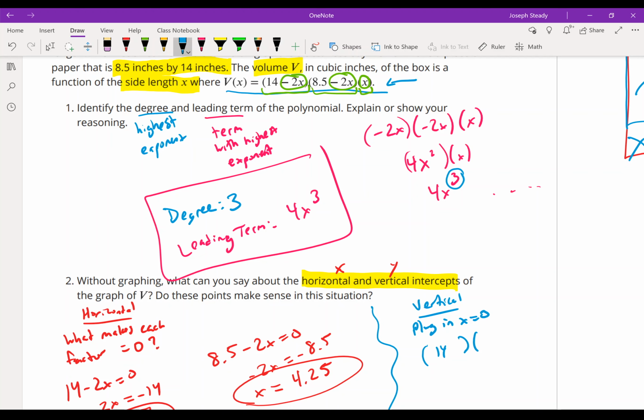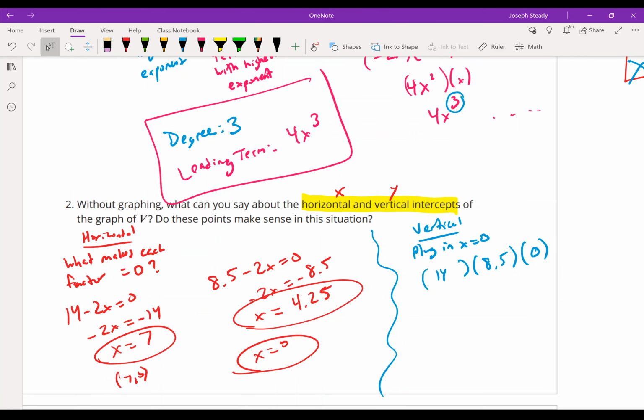That next parentheses, 8.5 minus 2 times 0, just becomes 8.5. And that last factor just becomes 0 entirely. So 14 times 8.5 times 0 is just 0. So my vertical intercept is a y value of 0.